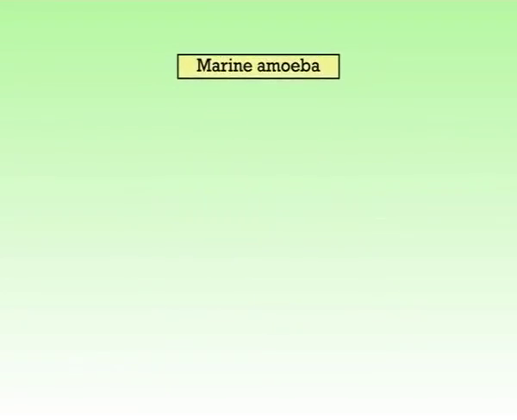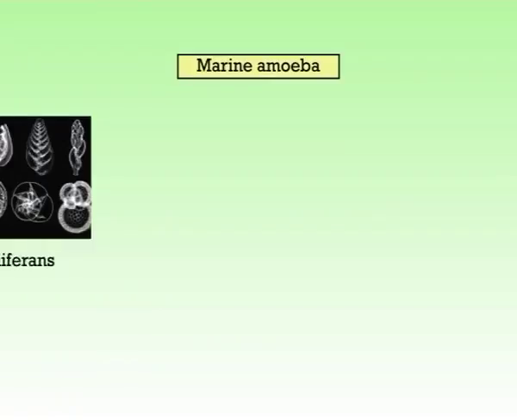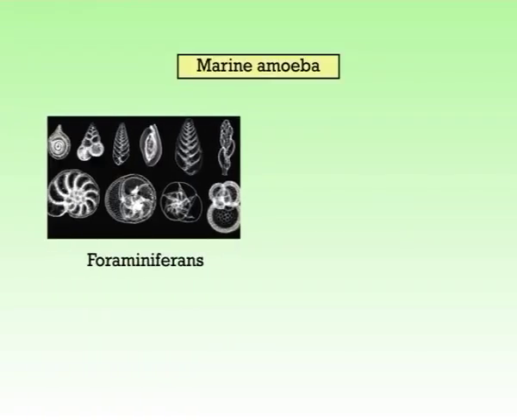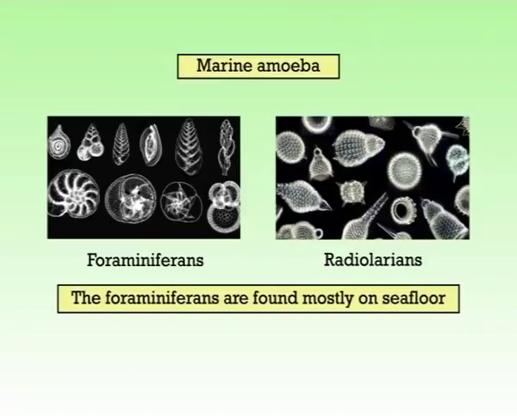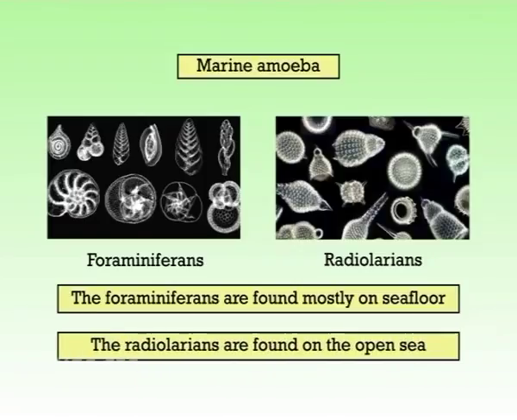Some of the marine amoebae include the foraminiferans and radiolarians. The foraminiferans are found mostly on the sea floor, while the radiolarians are found in the open sea. There are over 40,000 species of foraminiferans, and 90% of them are fossils.